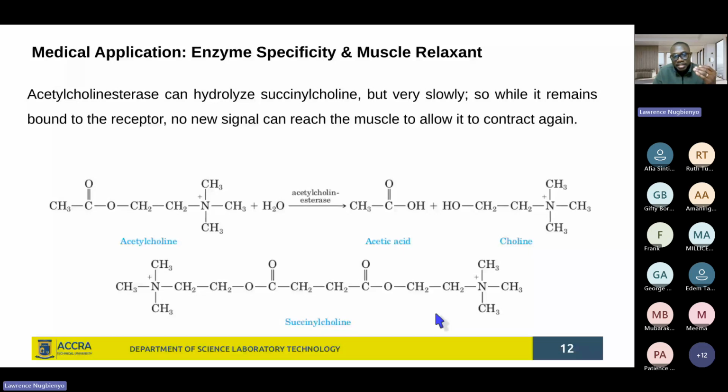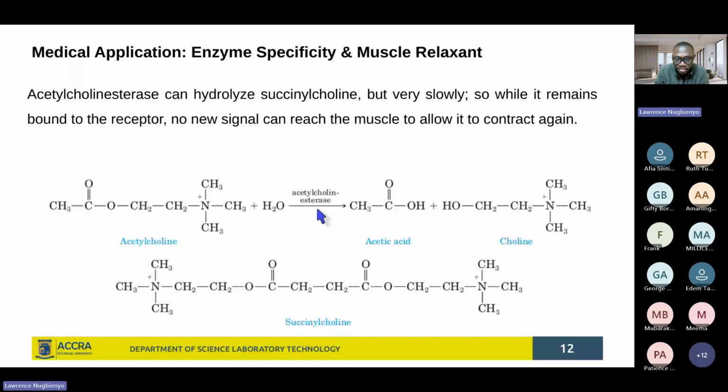I mean, this is logical. If acetylcholine esterase is breaking down acetylcholine, which is a smaller molecule, less energy will be needed than if it is breaking down succinylcholine, which is a bigger molecule.